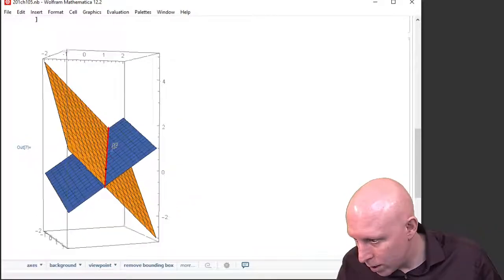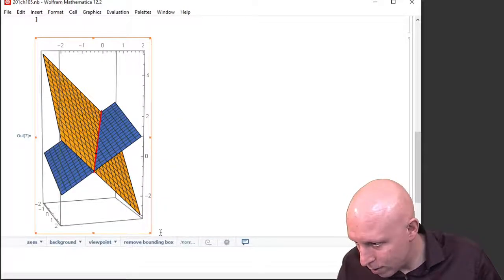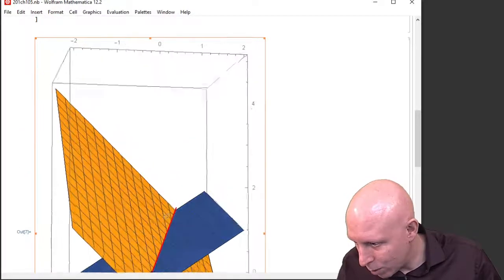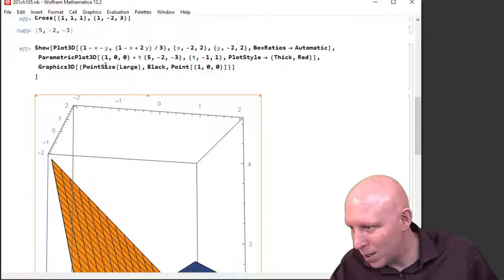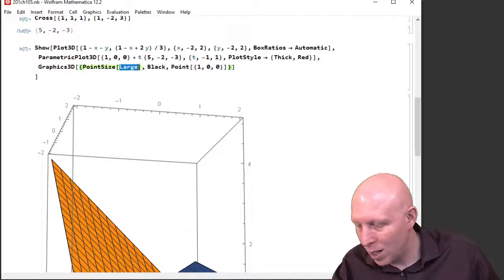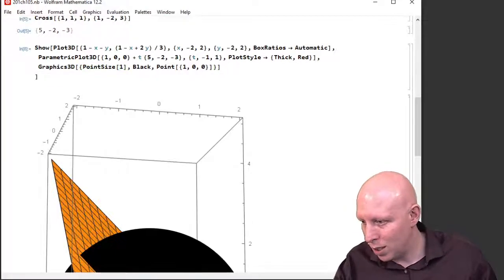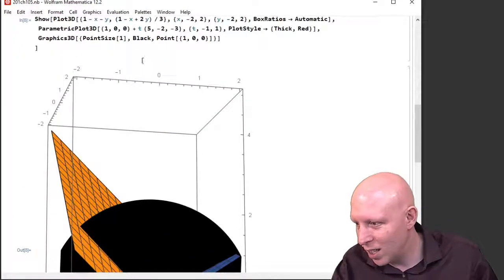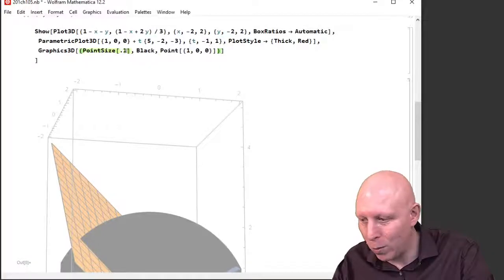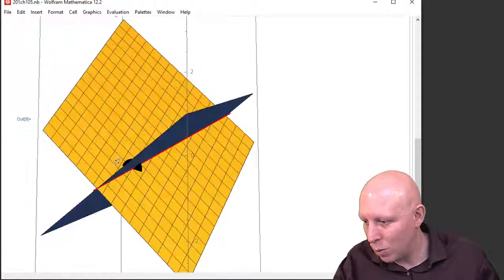Where are you? There you are, right there. If we zoom in, we can see our point. Maybe let's make this point size not just large, but point size 1. That's a bit big. Point size 0.1. And we can see this point. It's right there.